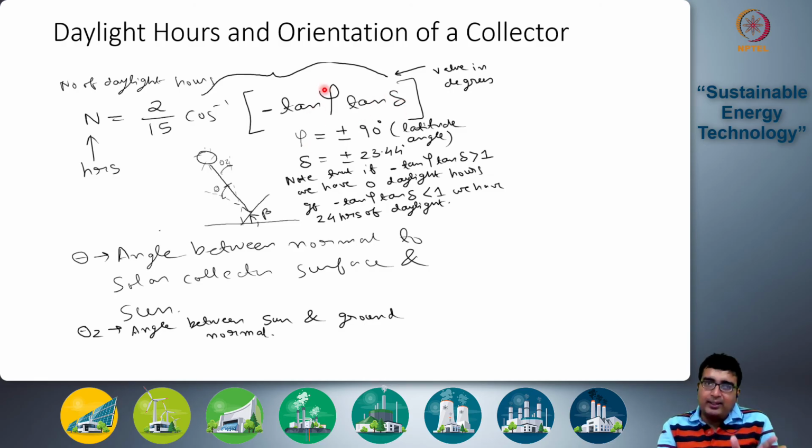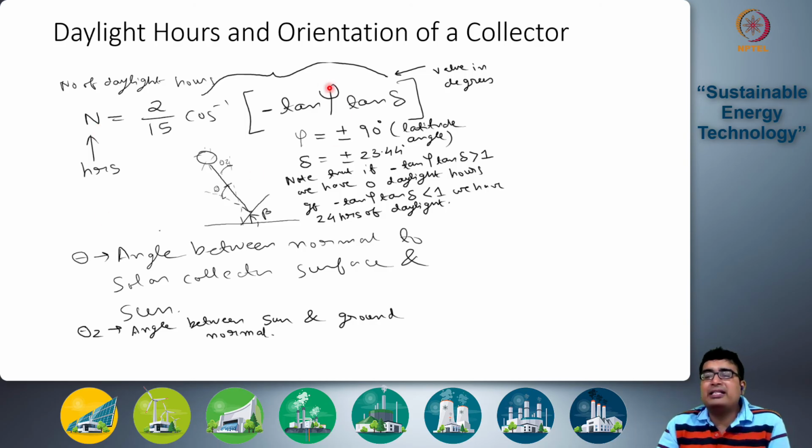You know the latitude angle psi, plus 90 to minus 90 degrees, and you get tan psi. Then take minus tan psi times tan delta, and apply cos inverse. The cos inverse of this value will be given in degrees. You multiply it by 2 by 15 and get the number of daylight hours.